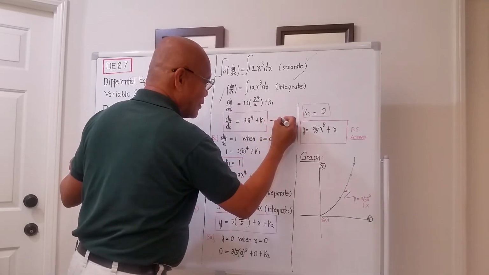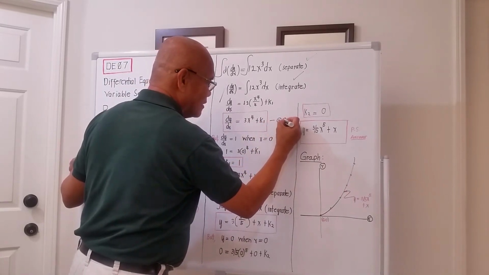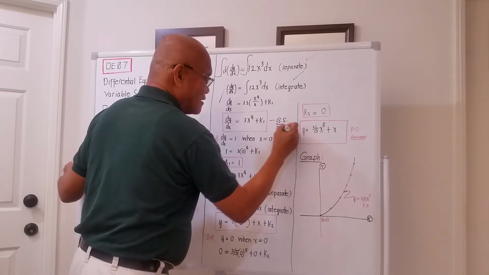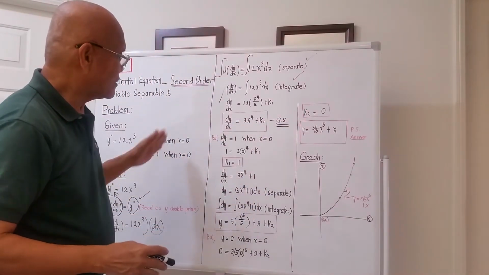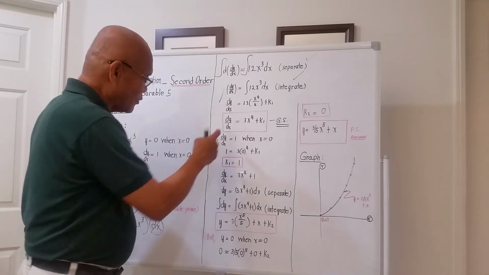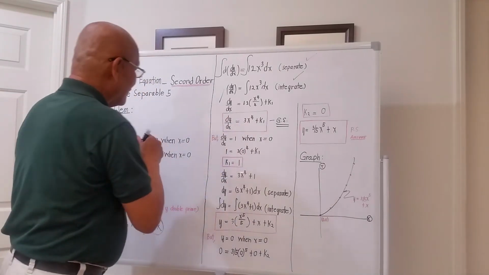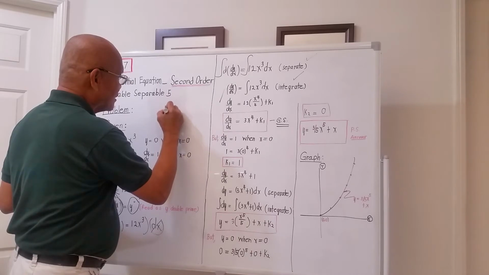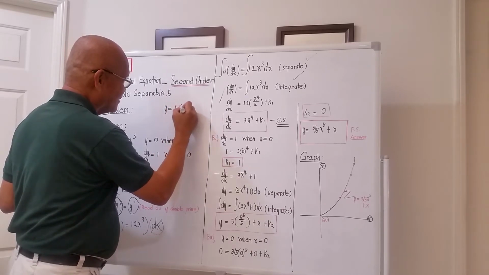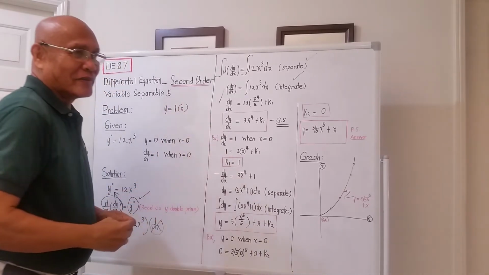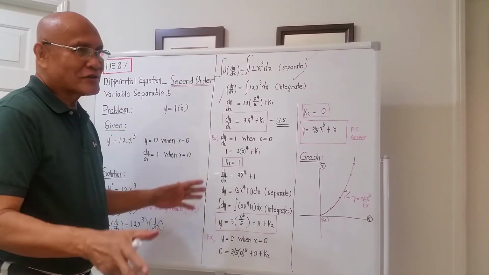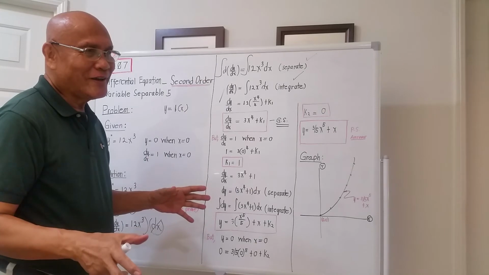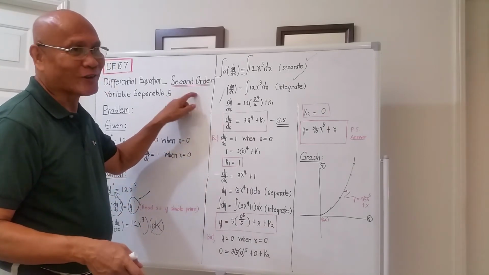Actually, this is now a general solution, but this is not yet our final solution, because if you notice, the left hand side is still dy/dx. And the problem is actually asking for y as a function of x. The given equation was differentiated 2 times, that's why it falls under second order.